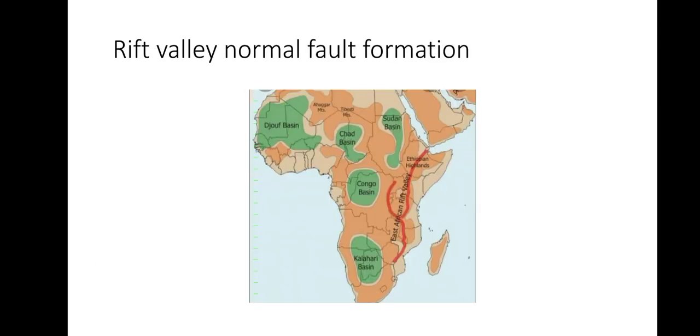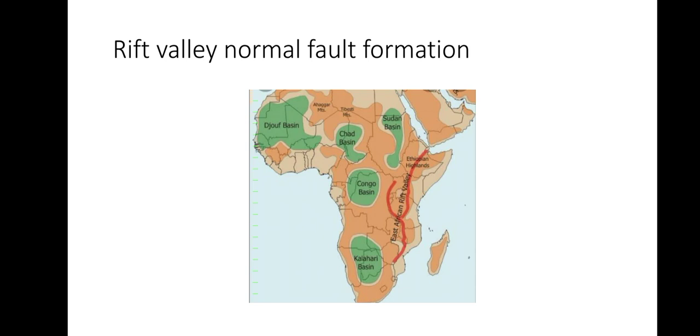So this is the map of Africa, showing the eastern part of Africa. You see, it starts from the sea, where there were tensional forces and everything was pulled aside, leading to the formation of the Rift Valley, going all the way from East Africa almost to the DRC, where Central Africa is, to the southern part of Africa.